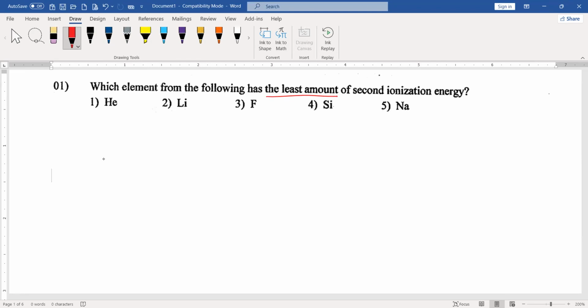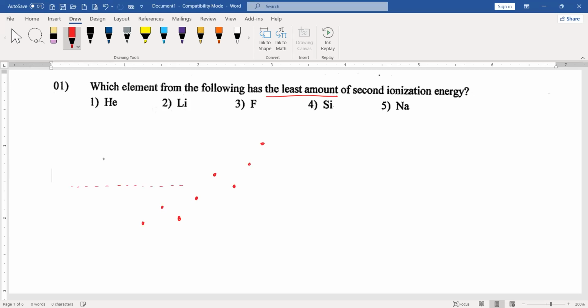Hydrogen, helium. I start from lithium, beryllium, boron, carbon, nitrogen, oxygen, fluorine, and neon. Then remember that the first ionization energy of oxygen and the ionization energy of hydrogen are almost the same.